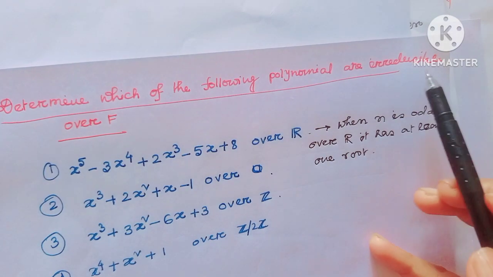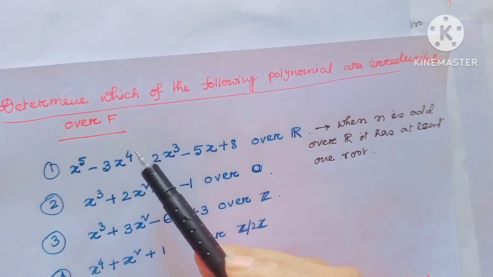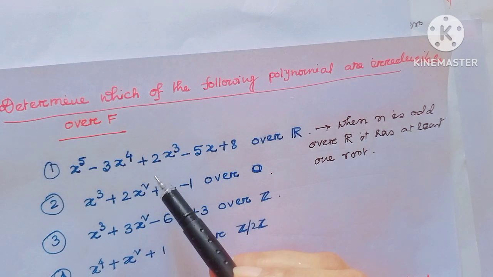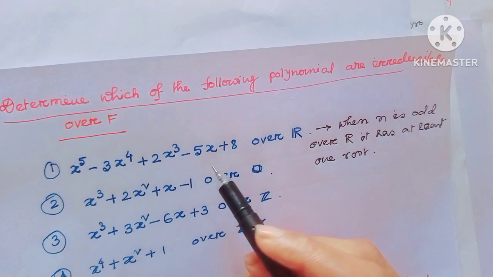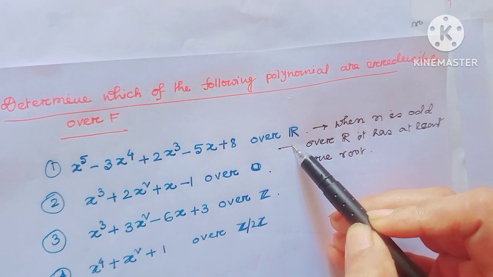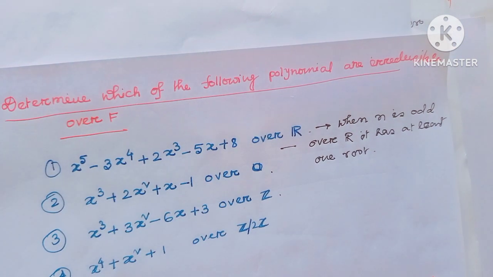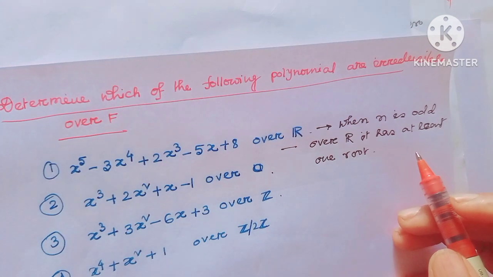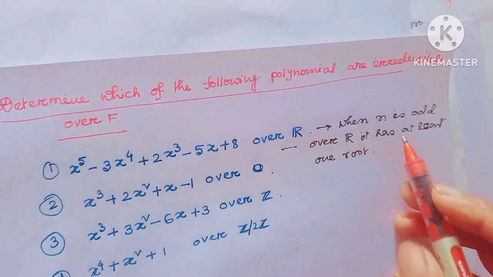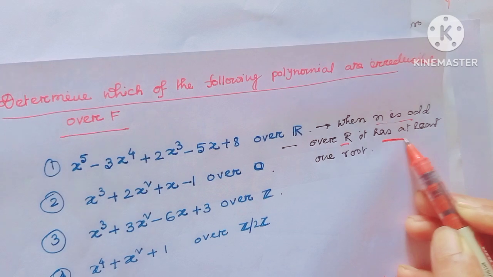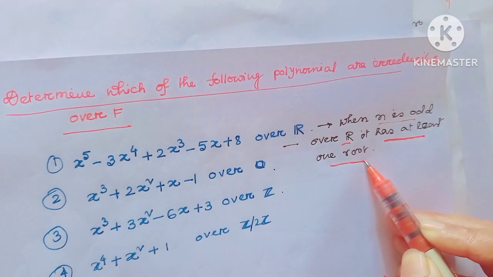Determine which of the following polynomials are irreducible over the field F. Option 1, x to the power 5 minus 3x to the power 4 plus 2x cubed minus 5x plus 8 over R. Is this polynomial irreducible or reducible? We all know, in the real field, when n is odd, then over R it always has at least one root.